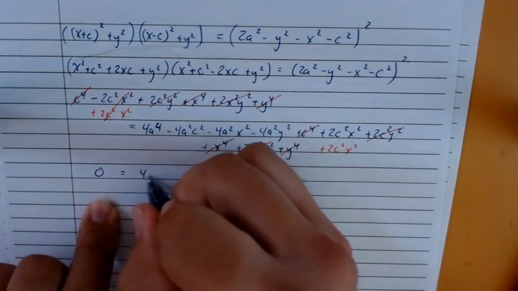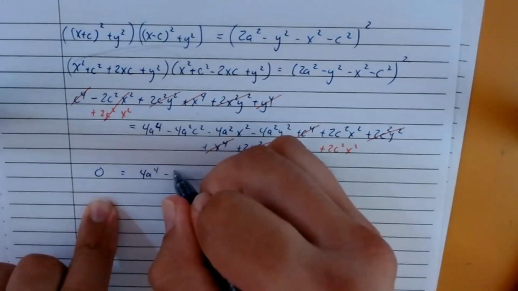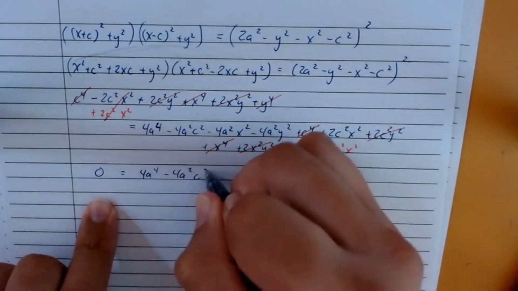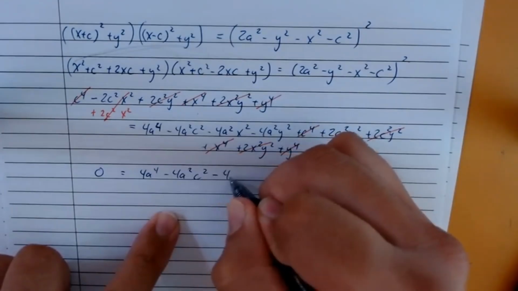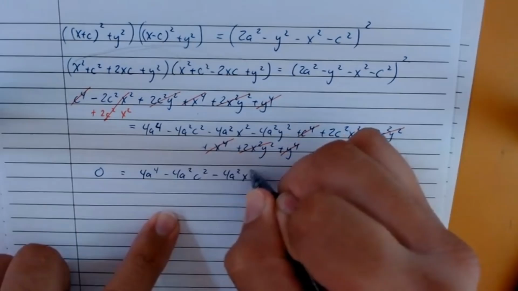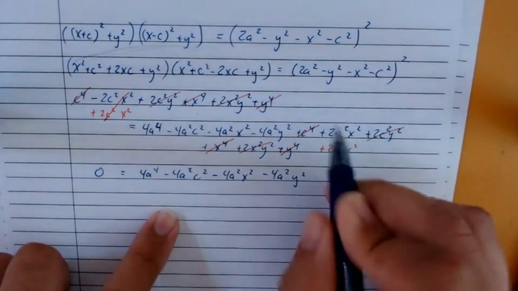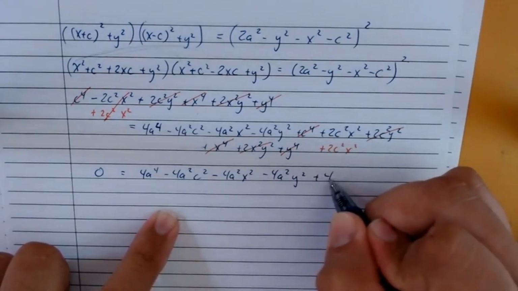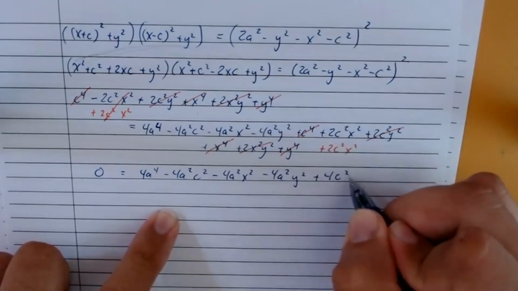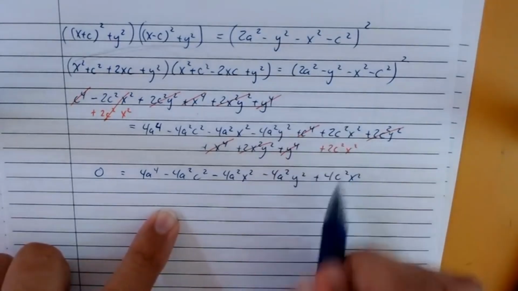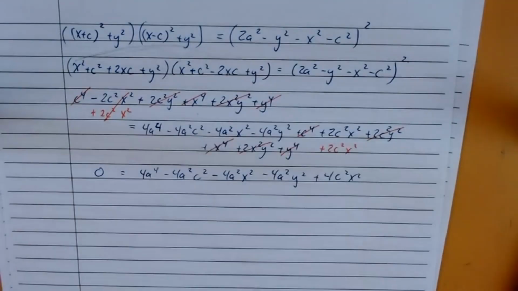You're left with 4a to the fourth minus 4a squared c squared minus 4a squared x squared minus 4a squared y squared plus 4c squared x squared, because here these two combine to give you this one. All the rest just stayed as they were.